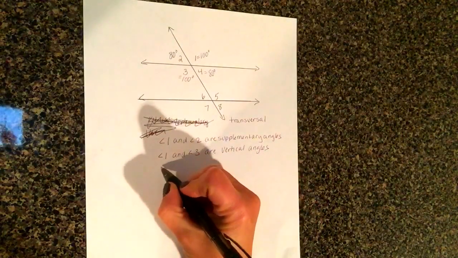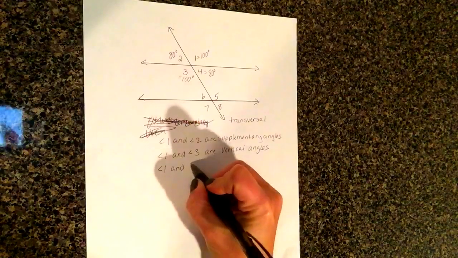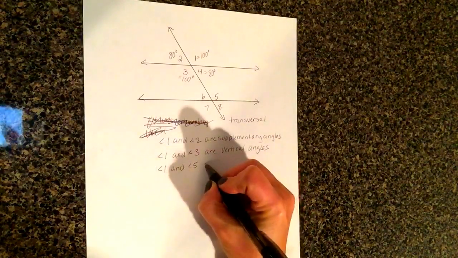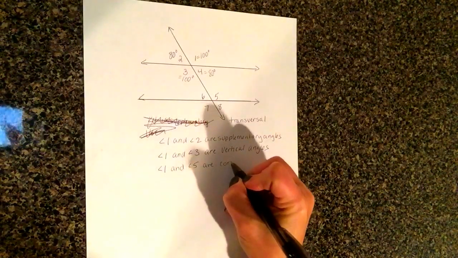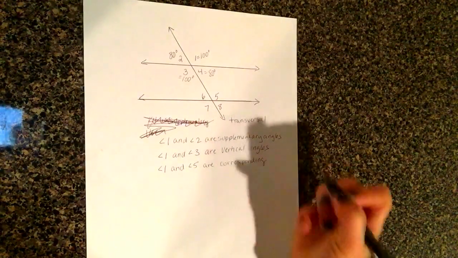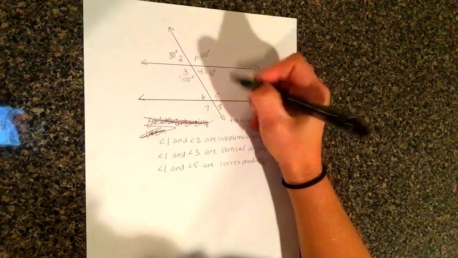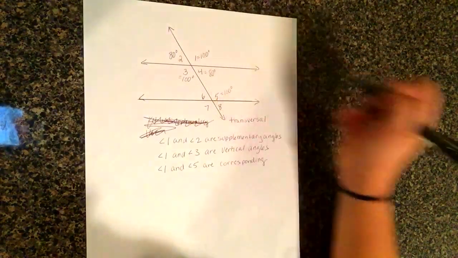So we can say that angle 1 and angle 5 are corresponding. And that means they're the same. So angle 5, because it corresponds to angle 1, is equal to 100 degrees.